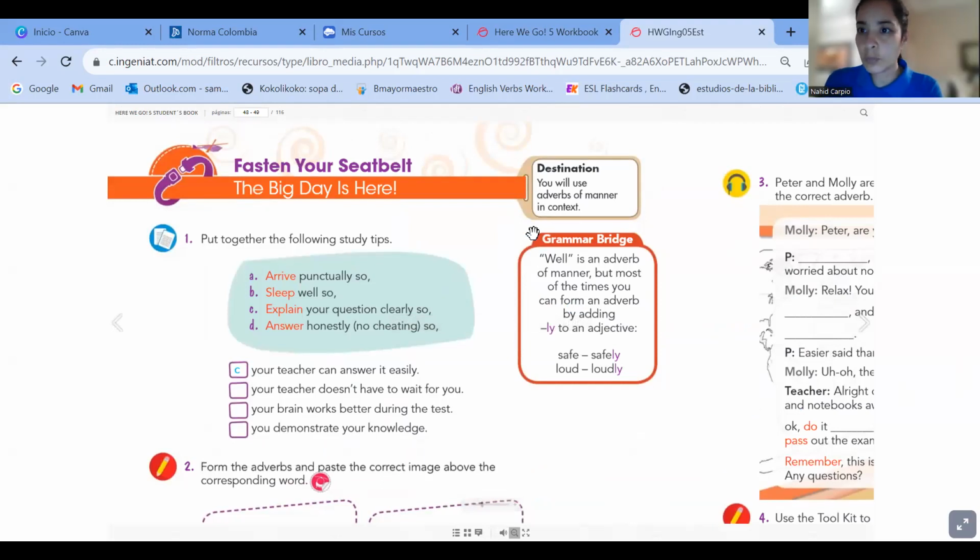What are you going to do in your student book? You are going to do activity 1 and activity 2. In activity 1, you are going to put together the 4 study tips.